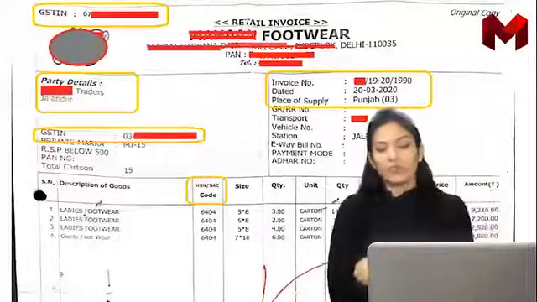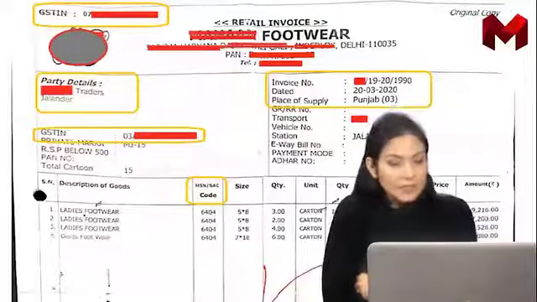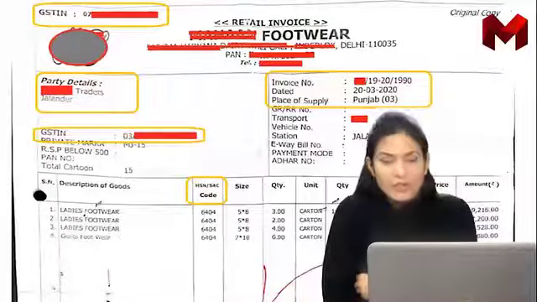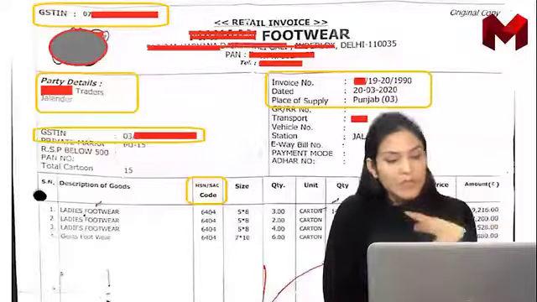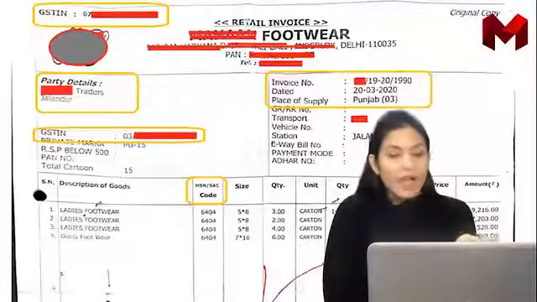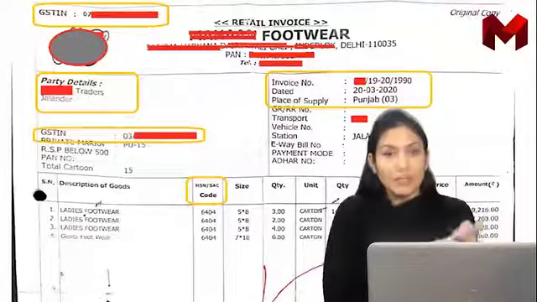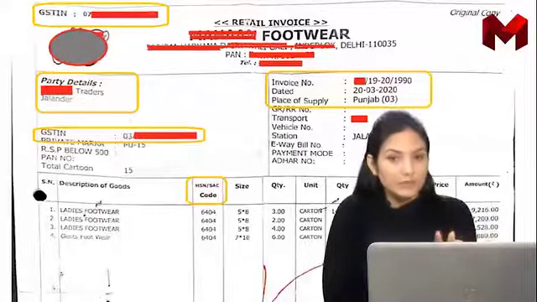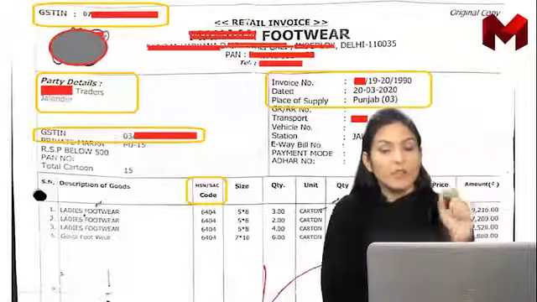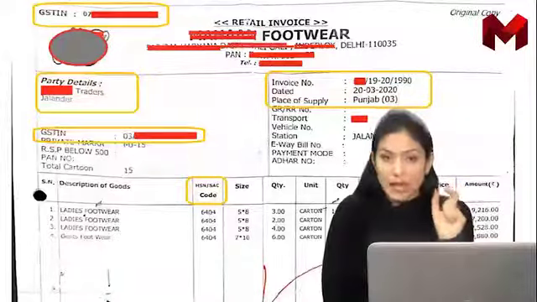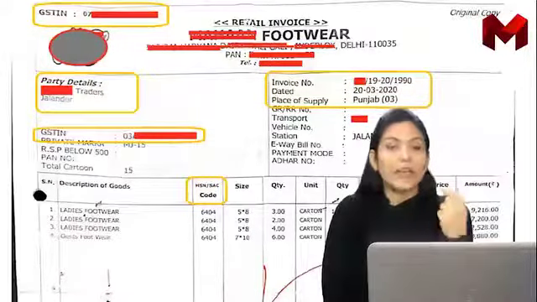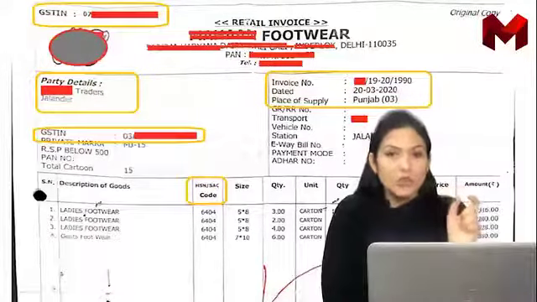Now if we move towards the party details. Dash dash traders, our name, our address, our GST number starting from 03. 03 is the starting of our GST number, and 03 is Punjab's code.